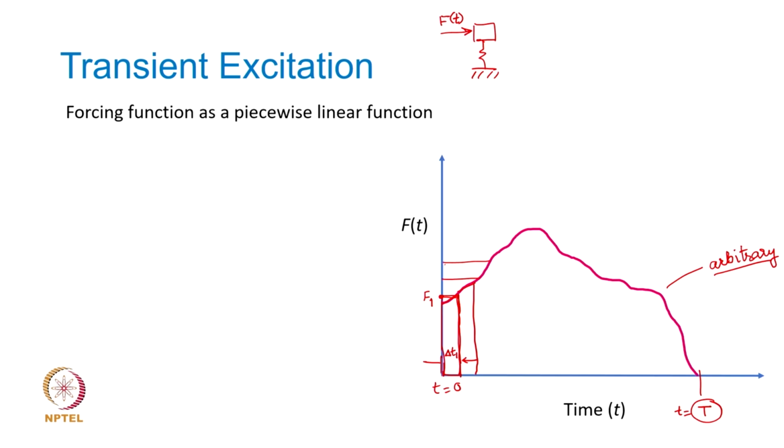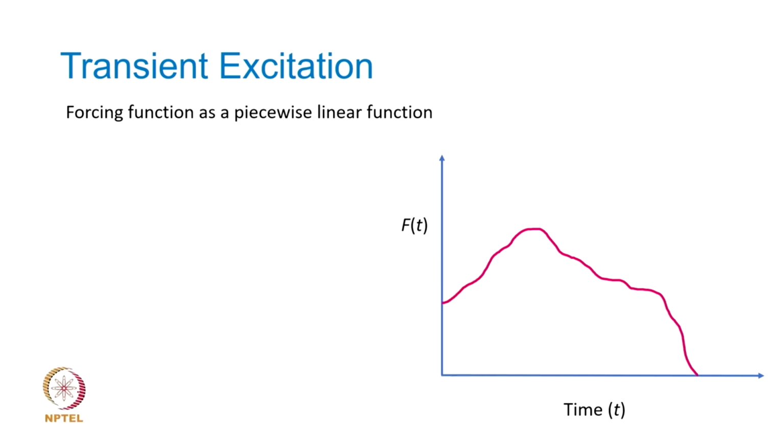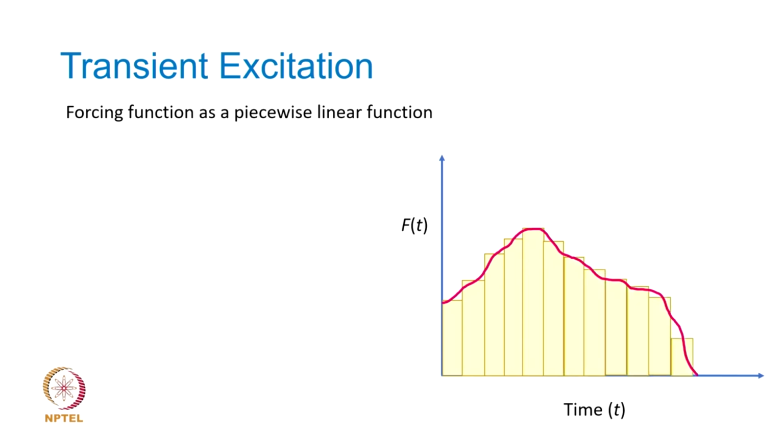So, in a way I can show this to be a set of such constant amplitude forces acting for very short durations of time, one after the other, which will make up the original force that is varying a bit arbitrarily. This is how all these impulses would look, and together they will make up the original arbitrary forcing function as a function of time.